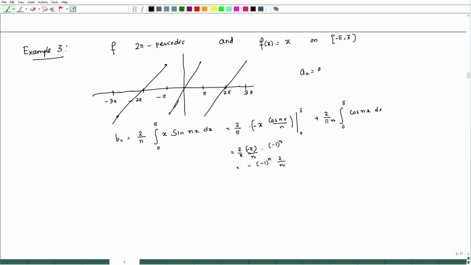Now, for the fourth example, similarly, if I take f a 2 pi periodic function defined on 0 to 2 pi to R by f of x equal to x squared, and f is 2 pi periodic.